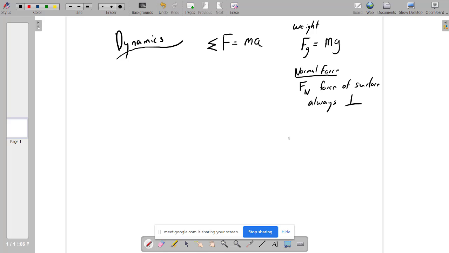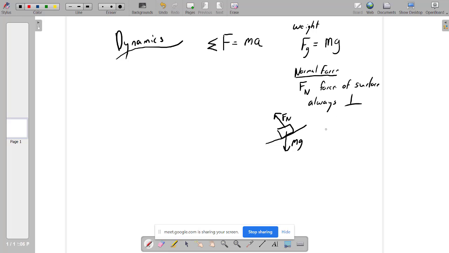All right, so let's say these two scenarios. We've got something like this. Here, weight always goes down, so there's my mg, but the normal force is perpendicular, so we've got this normal force right here.